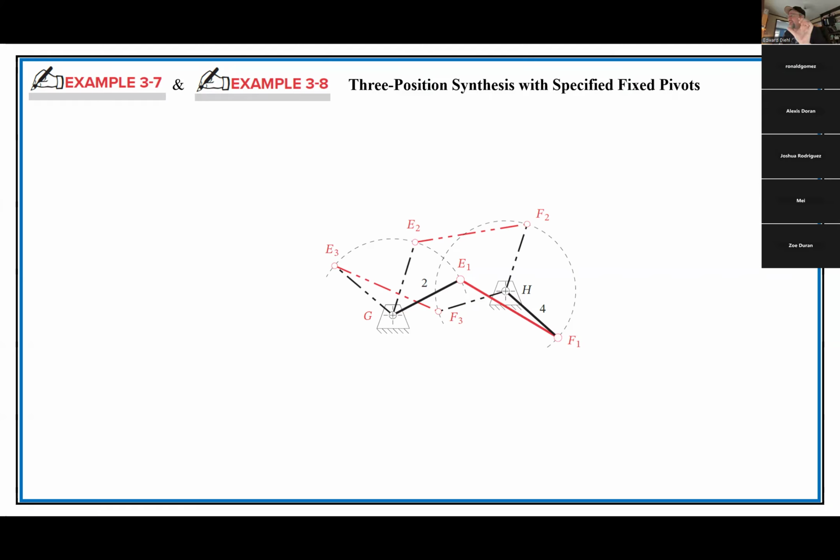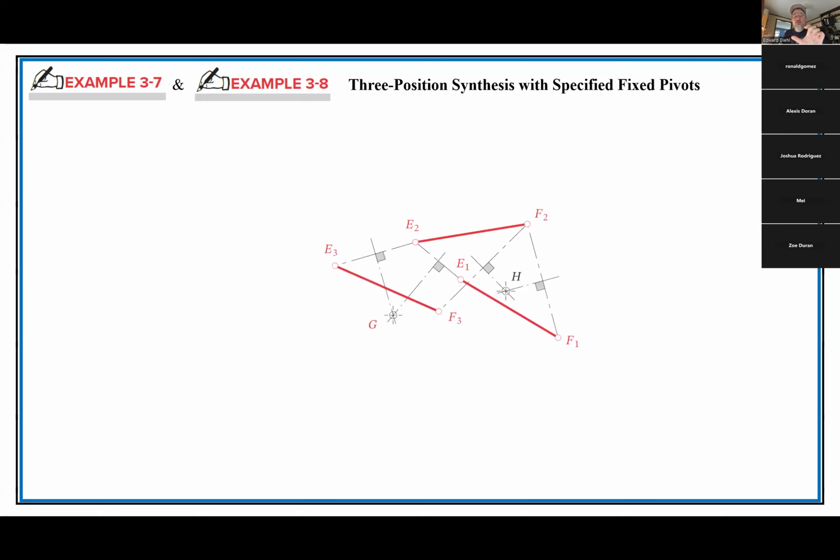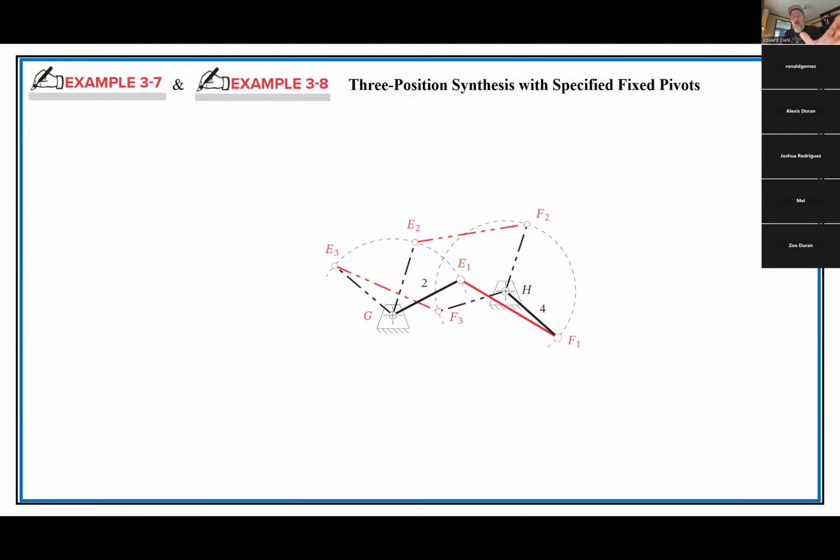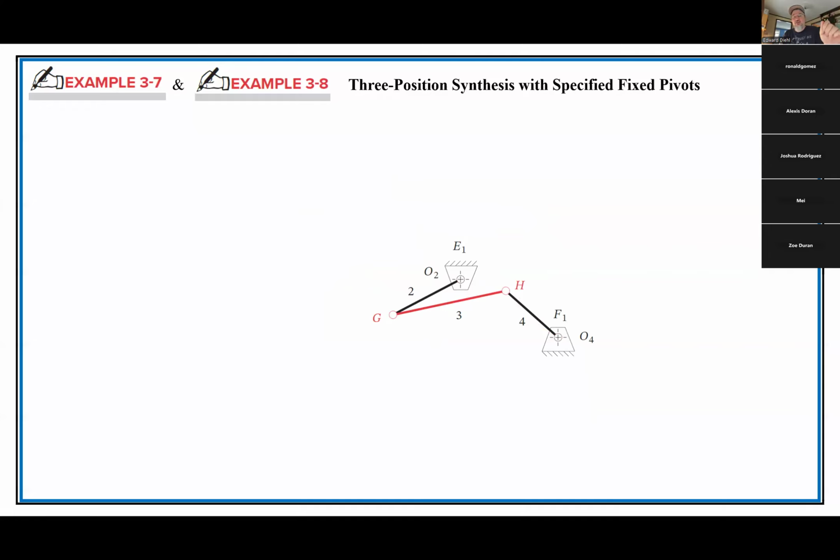Instead of that E1 F1, remember that was the coupler. Let's make that into the ground, which you'll notice was the same thing as our O2 O4, right? Going backwards, that E1 F1 was our desired ground. It's the coupler here. Let's take an inversion of this and make it the ground.